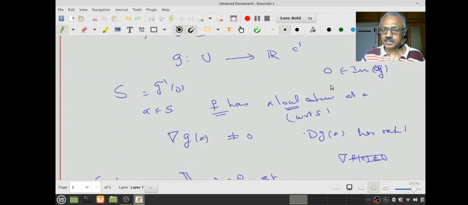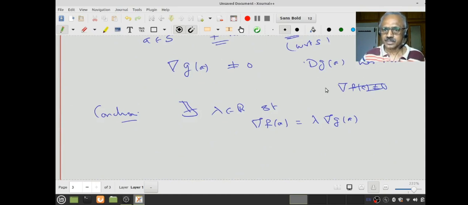Now you see that it replaces the standard first derivative test of calculus. You compute the gradient of f at A and the gradient of G at A, and try to find whether one is a scalar multiple of the other. Then such an A is a likely candidate for a local extrema of f on S.